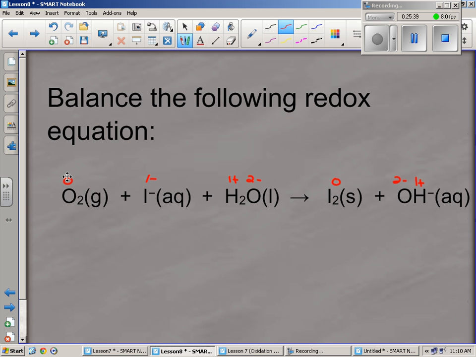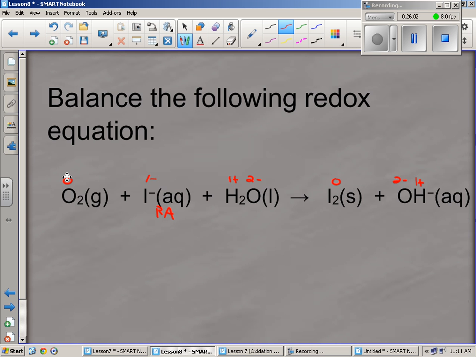I, you can tell here, I is going from a 1 minus to a 0. So 1 minus is here. So I can move the line this way, up or down. Minus 1 going up to 0. So is that being reduced or oxidized? Oxidized. Going up in numbers.